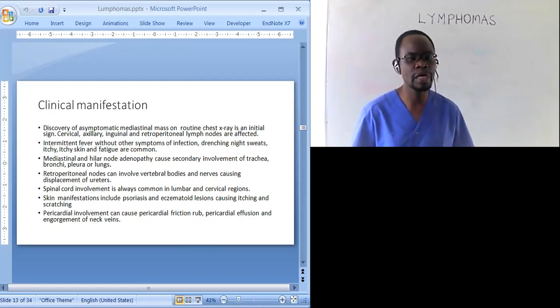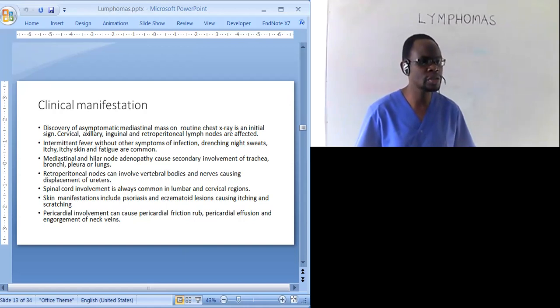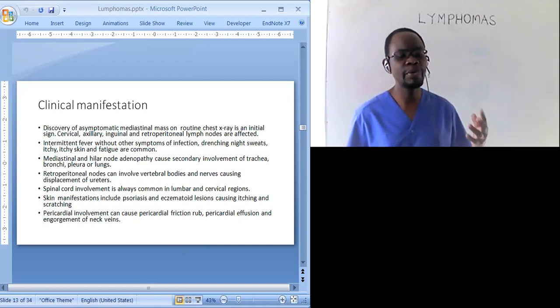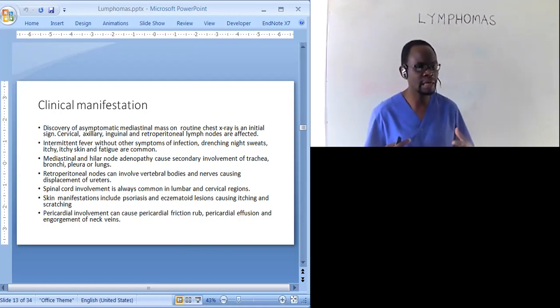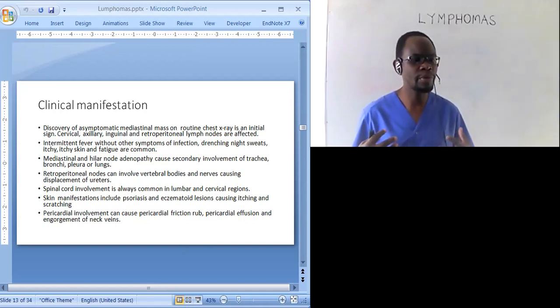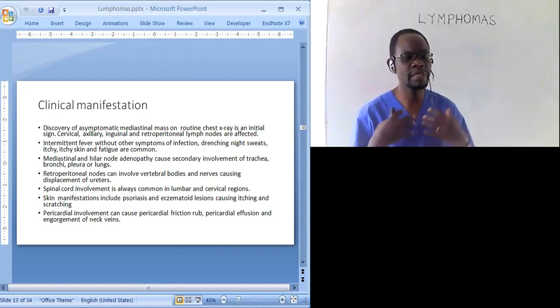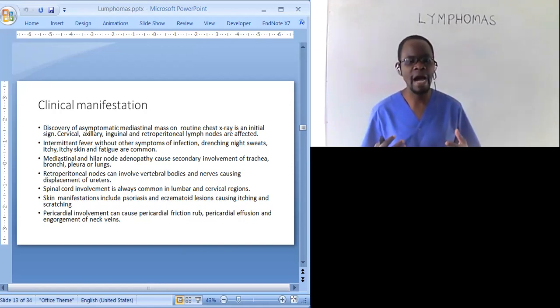These might include psoriasis, eczematous lesions, and sometimes itching and scratching. And then pericardial involvement, involving the heart, which might lead to pericardial friction or pericardial effusion if some of these metastasize into the structures of the heart.